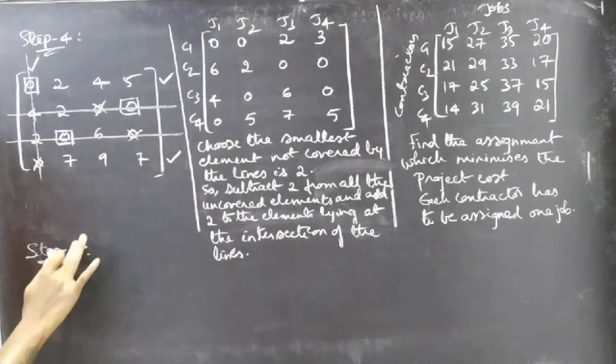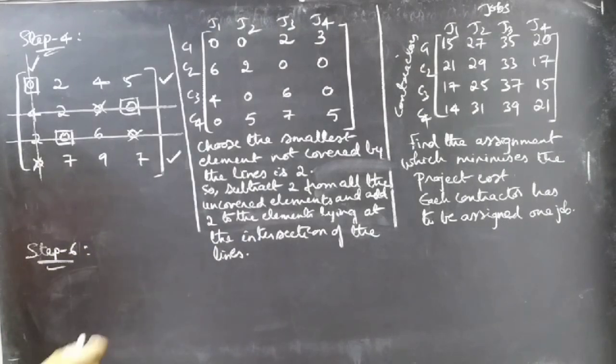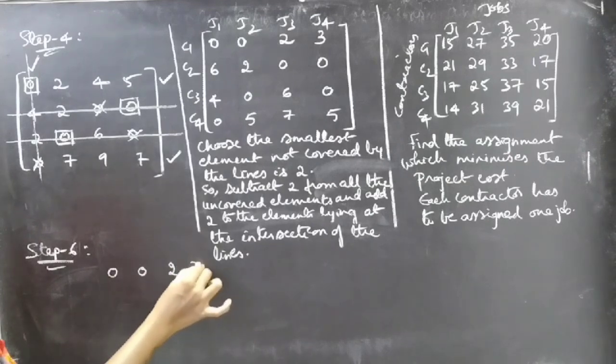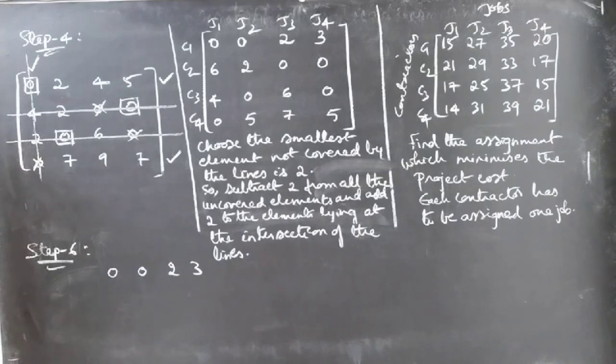Now coming to step 6, we'll try to make an assignment. Each row and each column should have one 0, or one assignment.